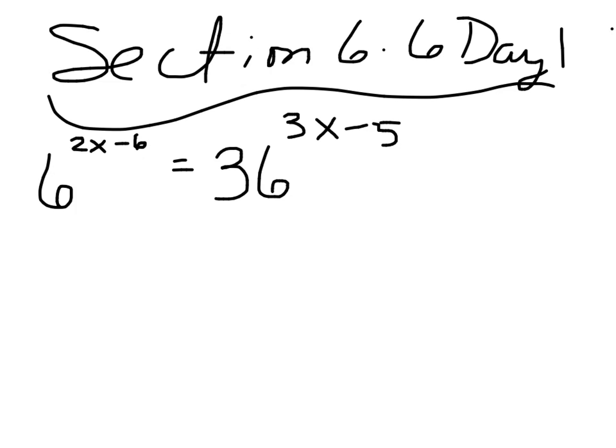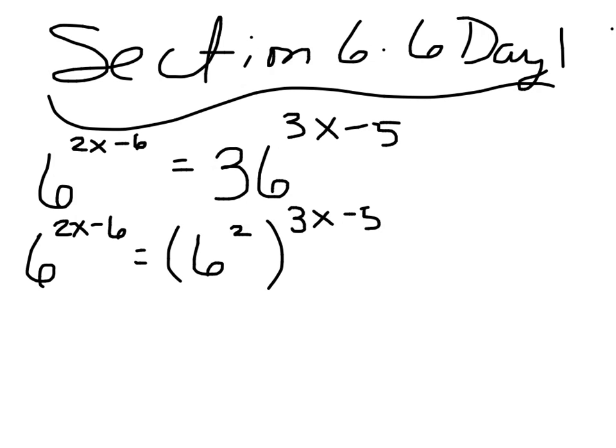So for instance, on this particular problem, I've got 6 as the left-hand base and 36 as the right-hand base. I can't bump the number up, but I can always bring the number down. Can 36 be rewritten as 6 to the something? Yeah. 6 what? Squared. So this side I'm not going to adjust, but this side was really 6 squared, and then 3x minus 5.